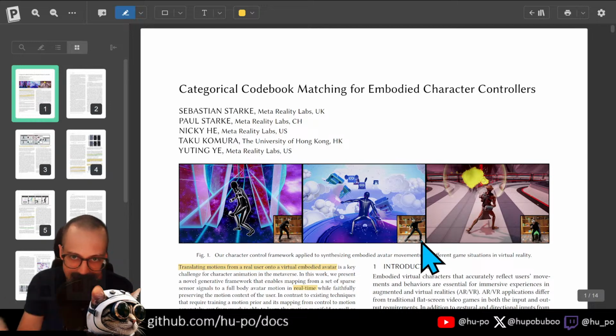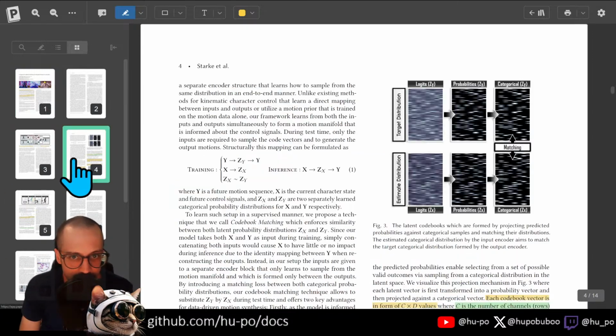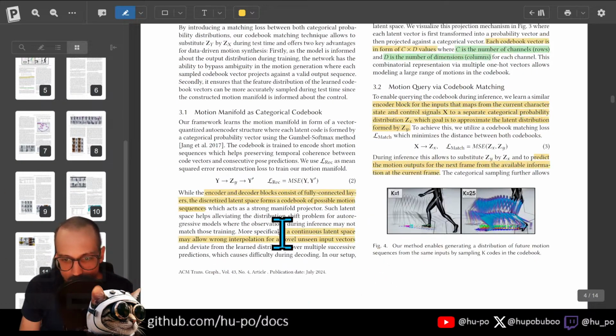Ultimately you're mapping some input pose of the controllers and the headset into some output pose of the full key point skeleton of this human. So it's a mapping problem: you're going from this input to this output, rather than doing it through a compressed latent space that is continuous, which allows for wrong interpolation.